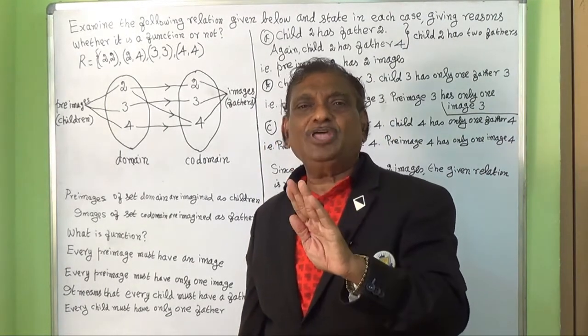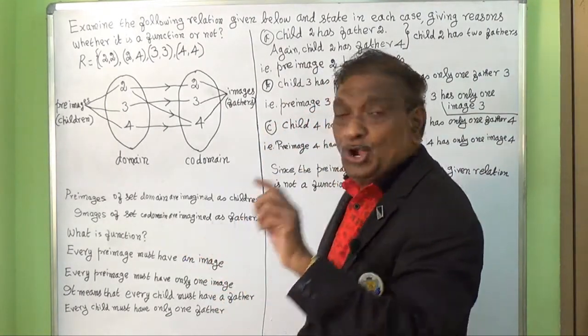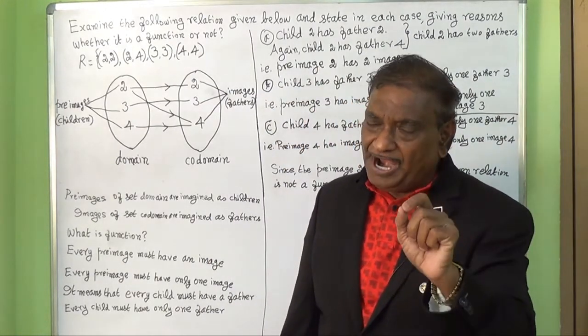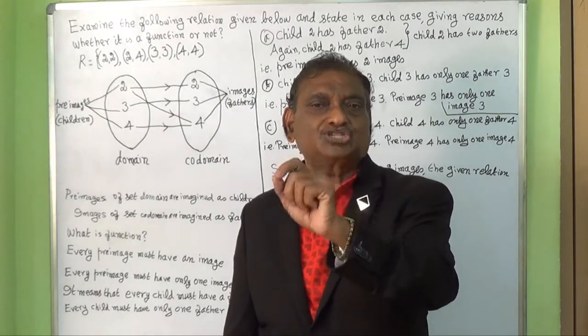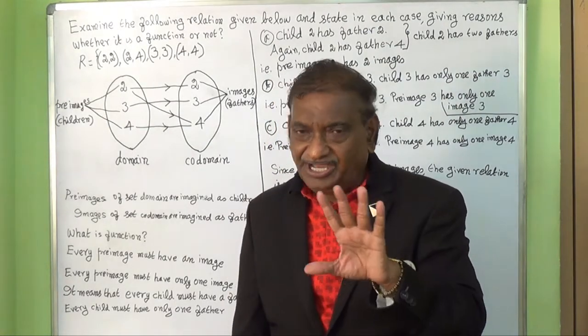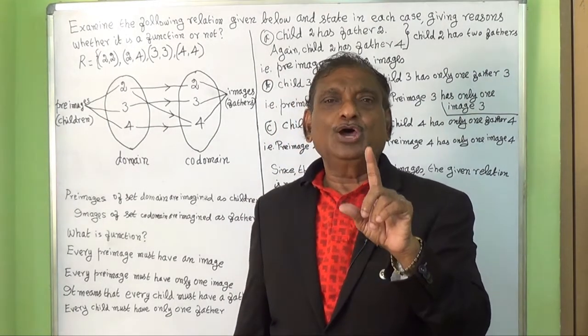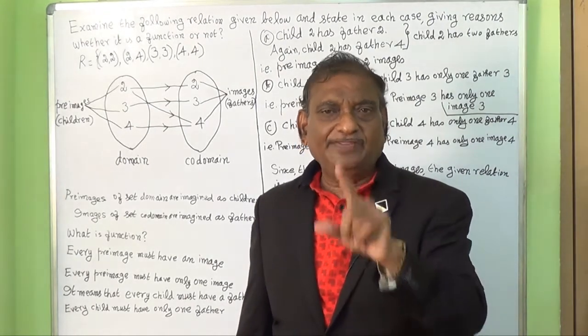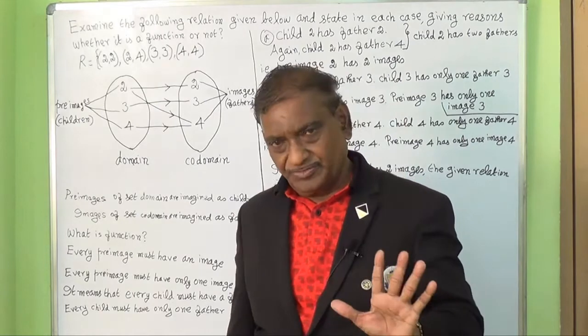In the case of the fourth ordered pair 4, 4, the first element is 4 and the second element is also 4. That is, the pre-image is 4 and the image is also 4.